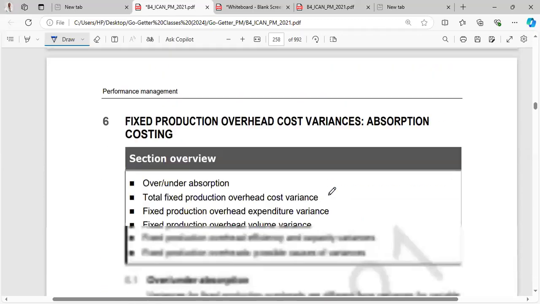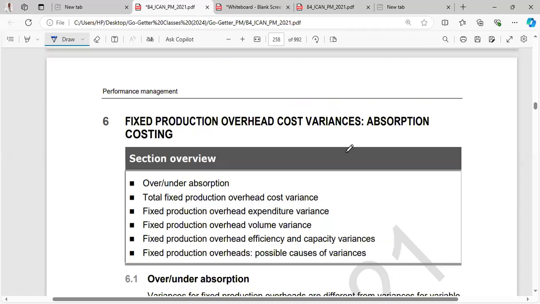So in our next class, we'll be looking at fixed overhead, how we're going to be dealing with fixed overhead. You see things like over absorption, under absorption, you see expenditure variance, you see volume variance, and you see capacity variances.